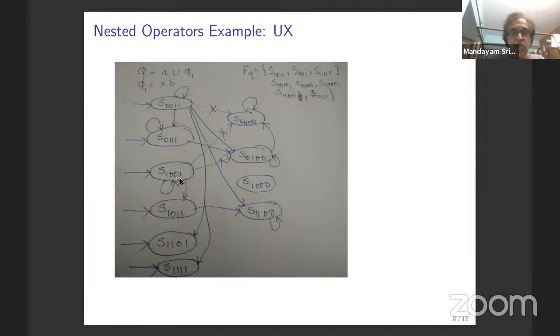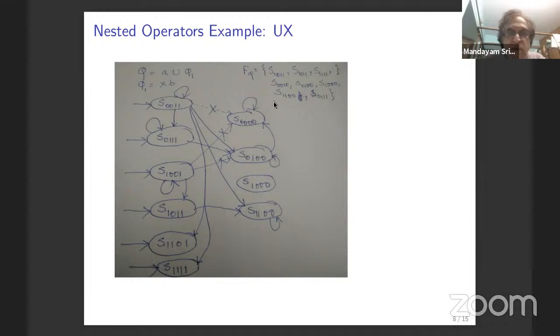Okay, so while I have not completed the thing, this transition from 1001 to 1011 fulfills that obligation, because there phi 1 becomes true, and after that you can go and keep looping in this state, or you can keep self looping in this state.